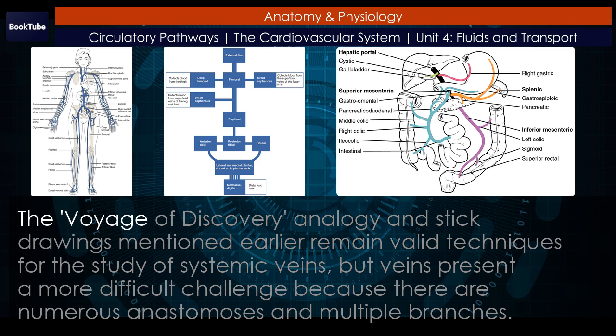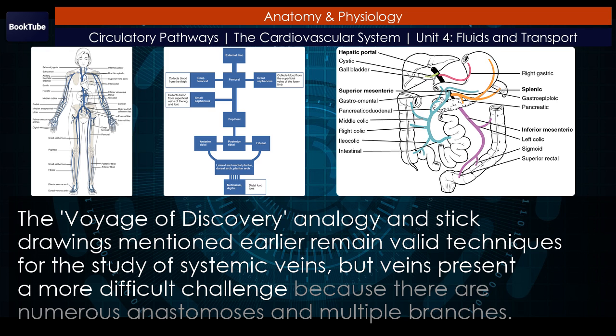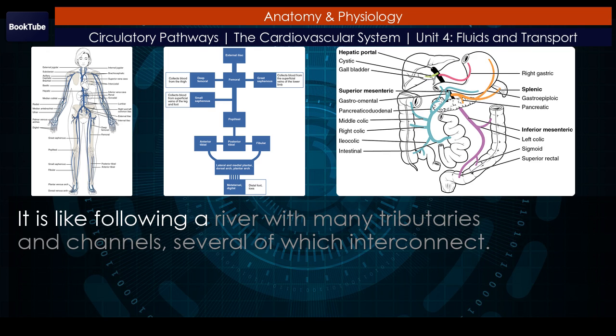The voyage of discovery, analogy and stick drawings mentioned earlier remain valid techniques for the study of systemic veins. But veins present a more difficult challenge because there are numerous anastomoses and multiple branches. It is like following a river with many tributaries and channels, several of which interconnect.